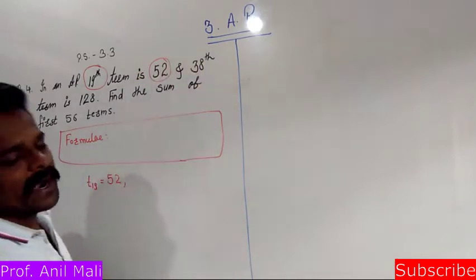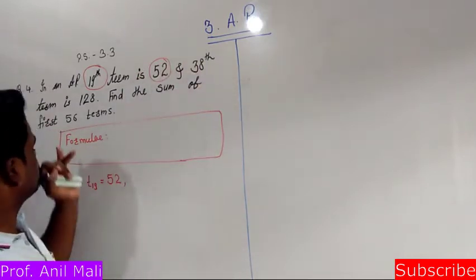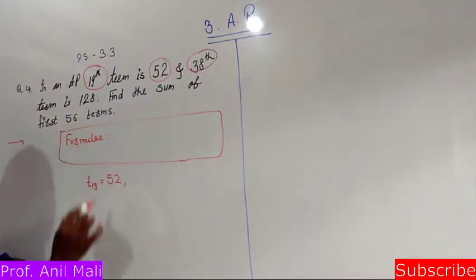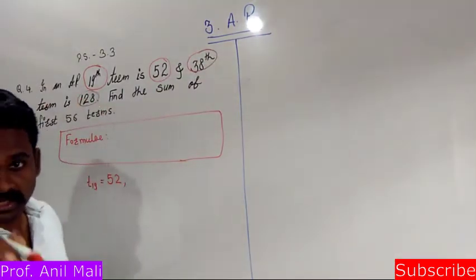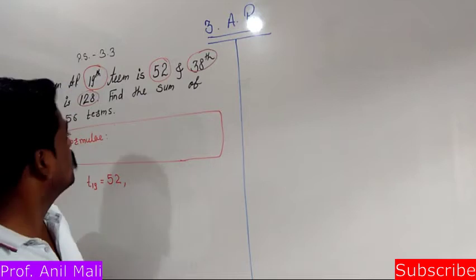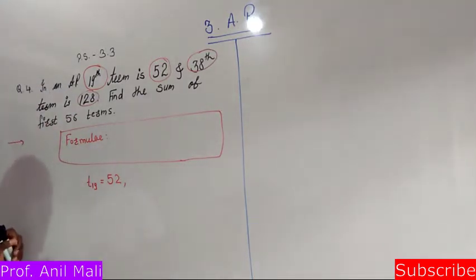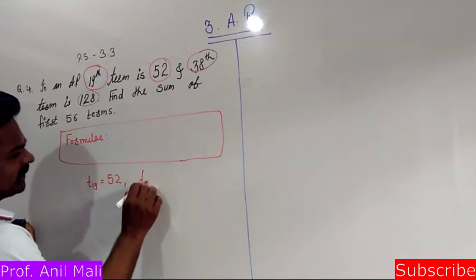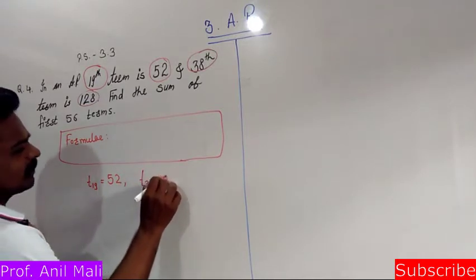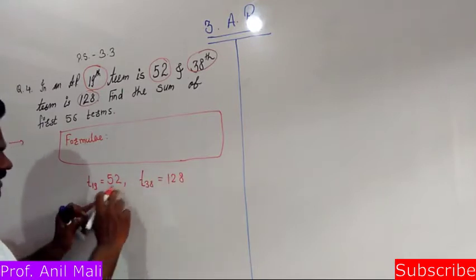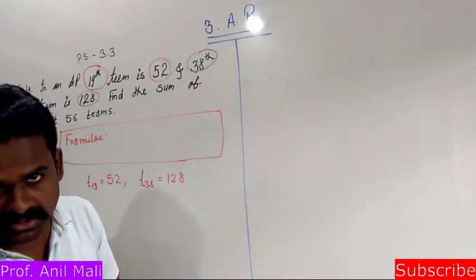In the second part of the problem, they have given us the 38th term, which is 128. So we can write T38 is equal to 128. These two values are given to us.